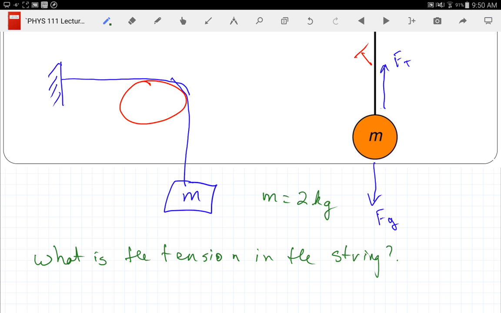Well, hold on. If I'm going to find the tension, I need to know what a force is on the string, right? And so I look at the string. How many places is the string leading things?